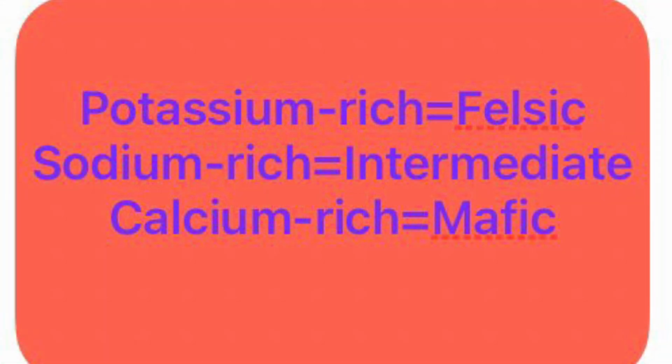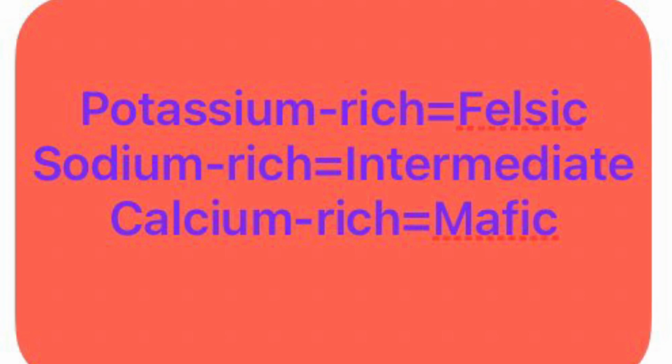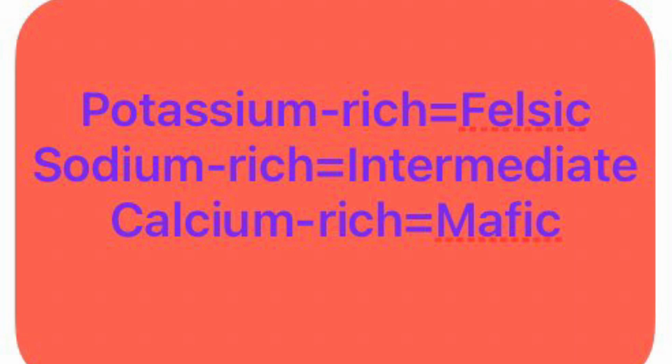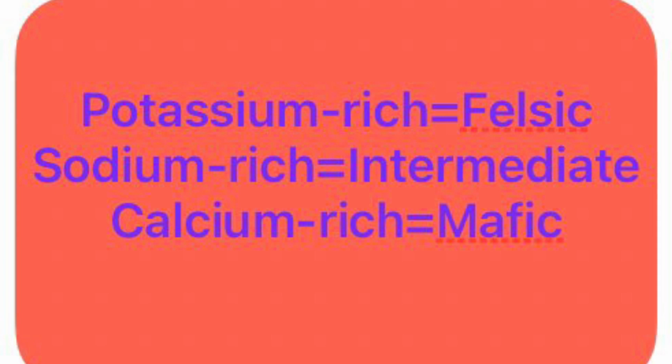Potassium-rich feldspars are always associated with felsic rocks. A felsic rock is a rock that has lots and lots of quartz, lots of potassium feldspar, muscovite, and biotite usually. Felsic rocks can also contain sodium-rich feldspar, but mostly it's potassium-rich. Sodium-rich feldspars are usually associated with intermediate rocks.